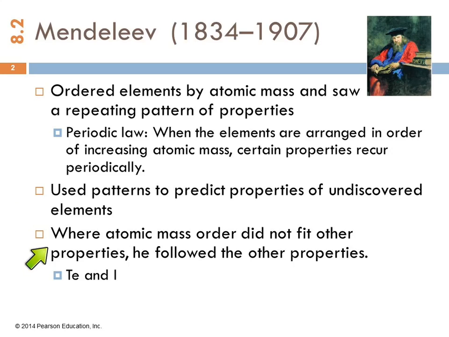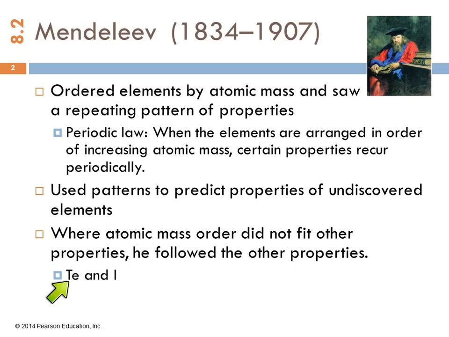So when the atomic mass order didn't fit other properties, he followed the other properties and left a gap and said, there's got to be something else in there. And then sometimes, like with tellurium and iodine, if you look at them on the periodic table, tellurium has a mass of 127 point, is that 8 or 6?